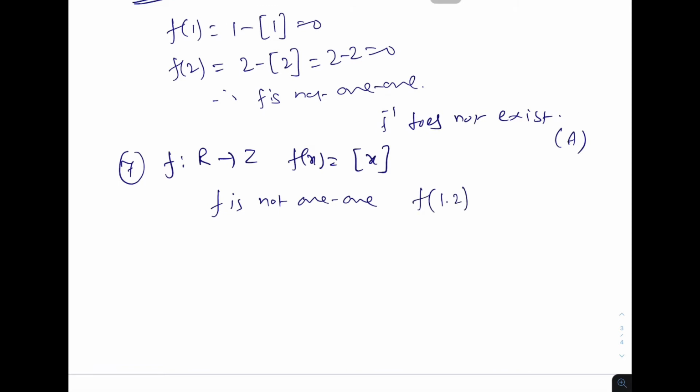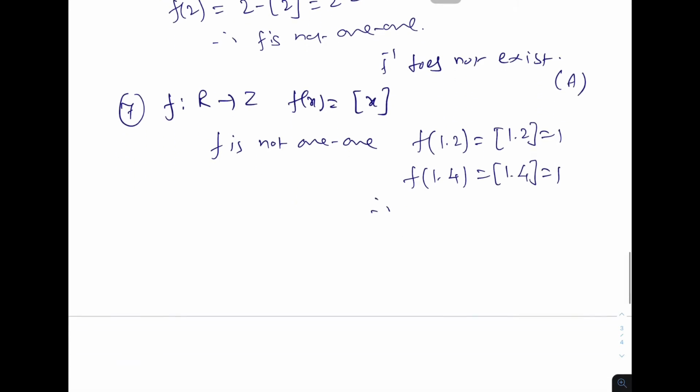It's easy to see f of 1.2, integral part 1.2, is 1. F of 1.4, integral part 1.4, is also 1. So therefore f is not 1-1, because f of 1.2 equals f of 1.4, but 1.2 is not equal to 1.4.